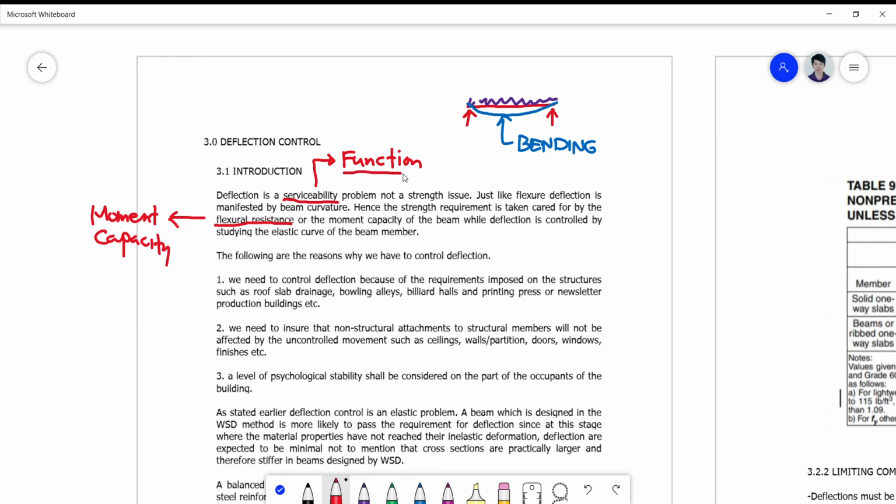Okay, so the function or the use of the structure. So in deflection control, as a summary, we have to deal with the working stress. Okay, so the WSD concepts will actually be a part of your deflection consideration and not the strength design concept.